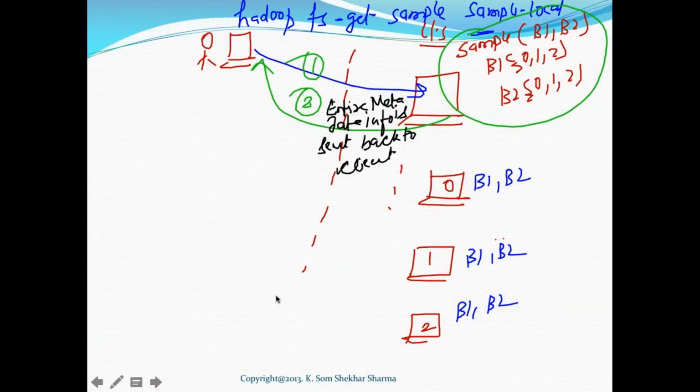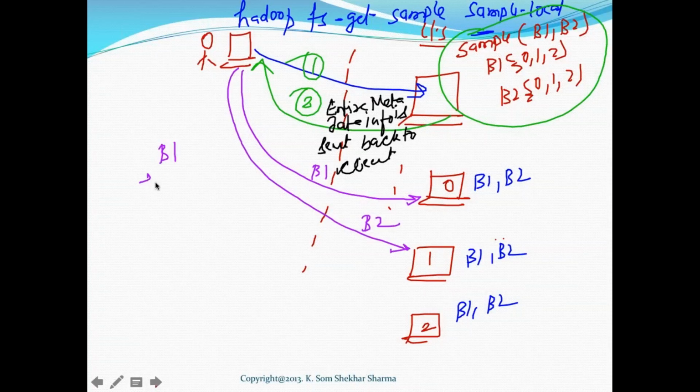Now at this point, the client knows that he has to read two blocks of data from those two different machines. So what does it do? It can read the B1 block of data from this machine, and parallelly it can read the B2 block of data on this machine. Then it can merge B1 and B2 and create the sample_local file itself.